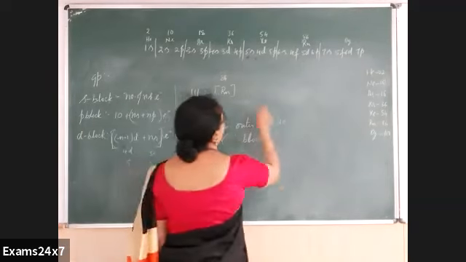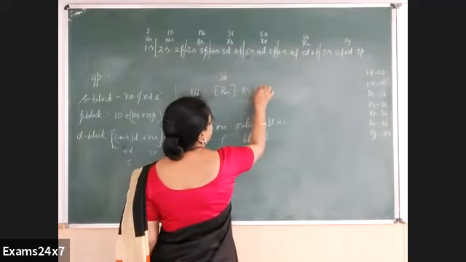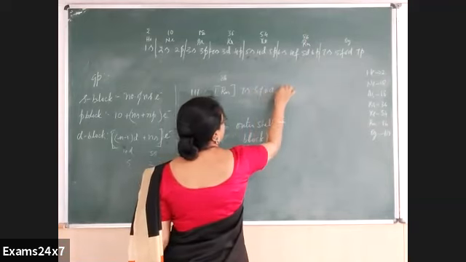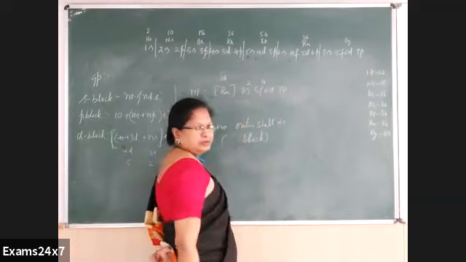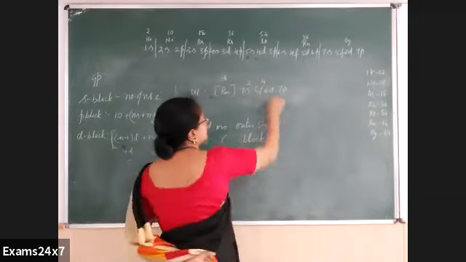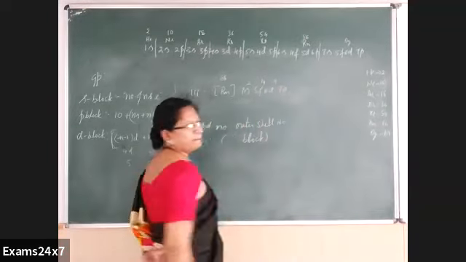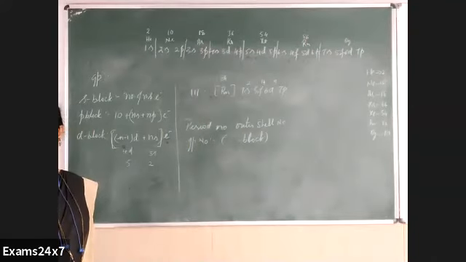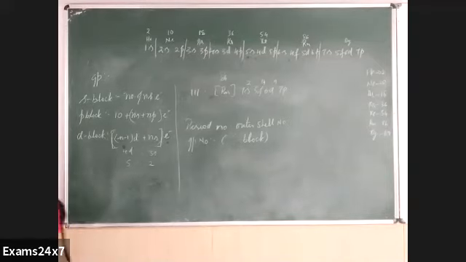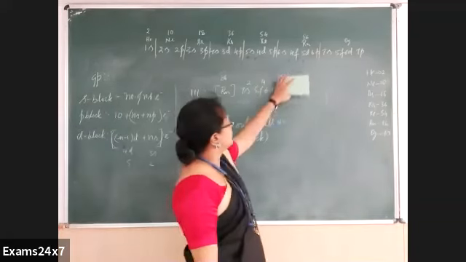Now write the available orbitals. 7s, 5f, 6d, 7p. 25. 2 here, 14. 16 are over. 9 here, right? Isn't it? 7p is not there.